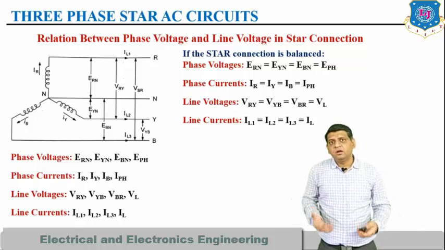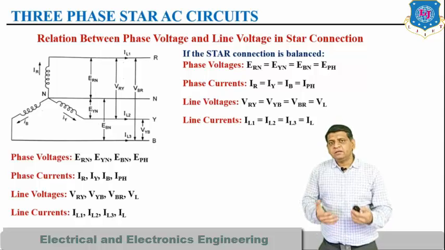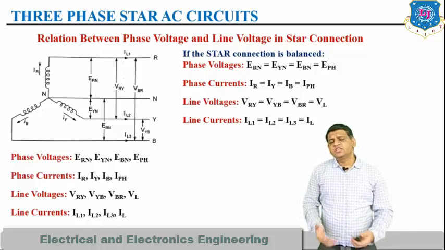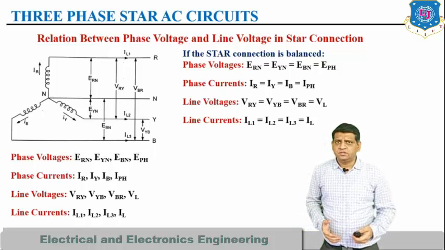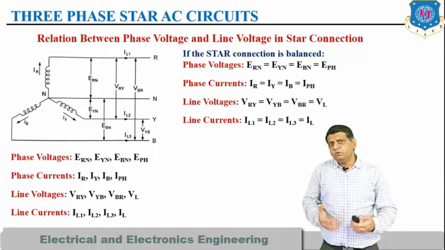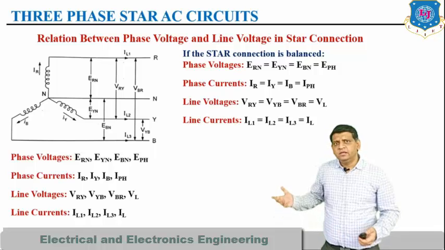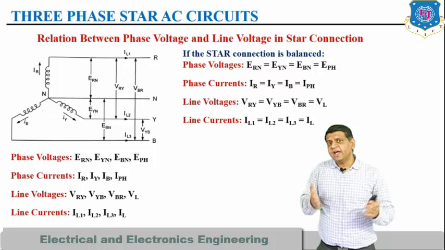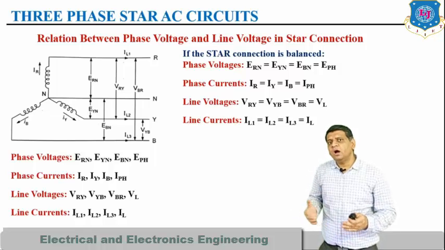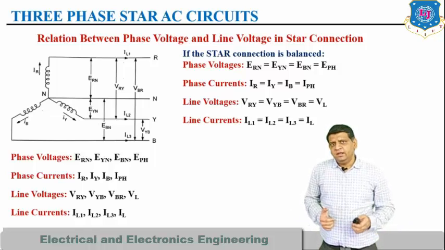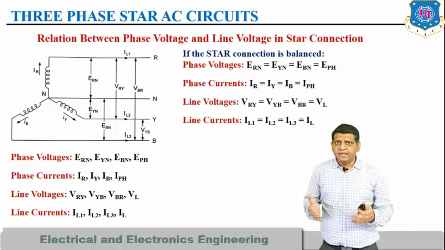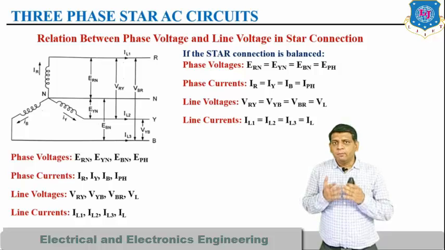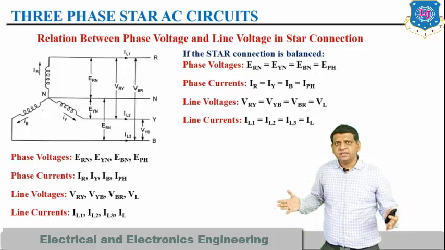Same if I consider the phase current, IR is equal to IY is equal to IB is equal to IPH. Same way for line voltages, VRY is equal to VYB is equal to VBR is equal to VL, and the line currents are IL1 is equal to IL2 is equal to IL3 is equal to IL, if the complete star three phase network is balanced.